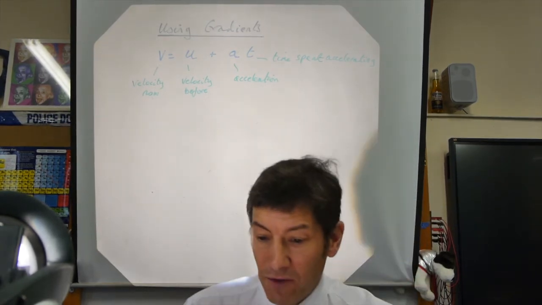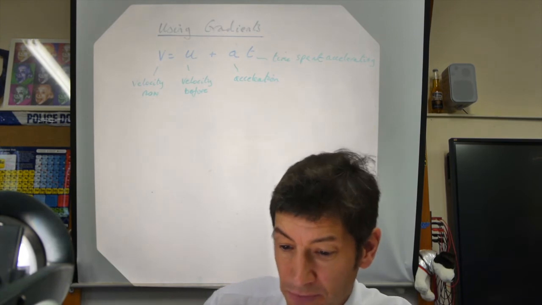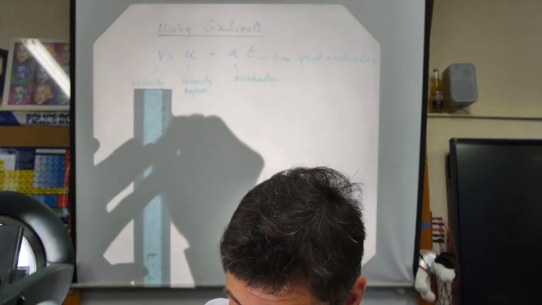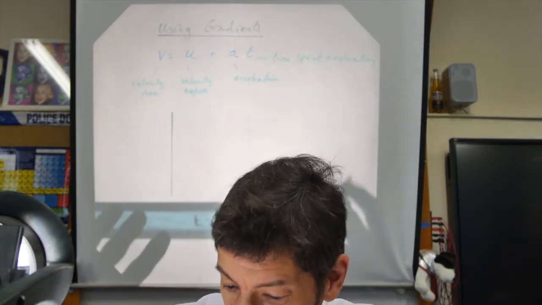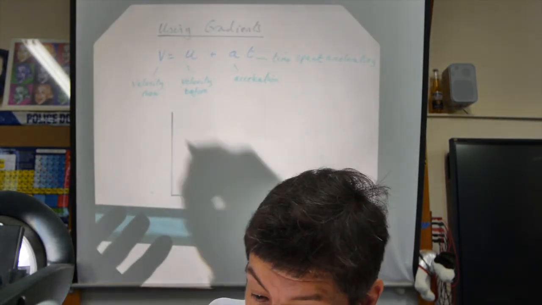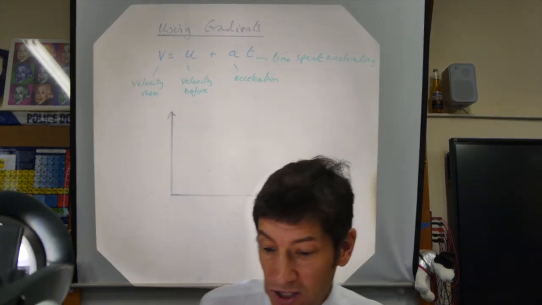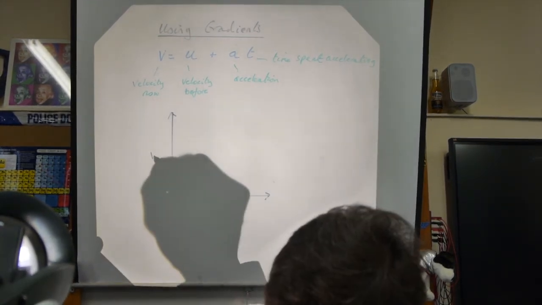Okay, now if you look at what that equation means graphically, if I quickly draw a graph, I hope you're happy that the gradient of a velocity time graph is the acceleration, but if not, watch this.